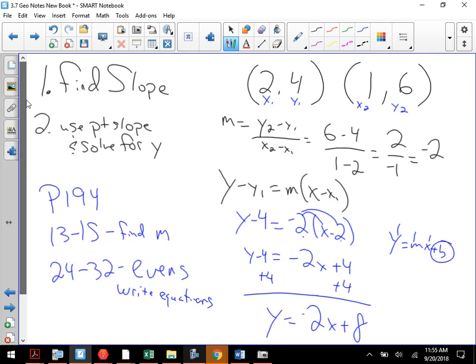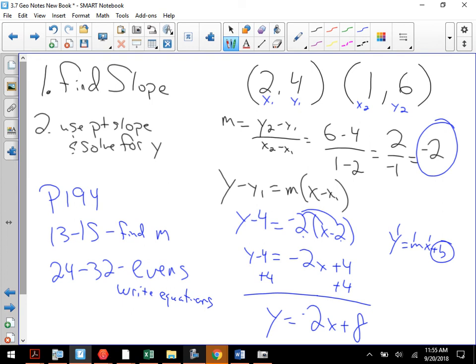What's happening is these are ordered pairs. We're trying to figure out the equation of the line that contains those ordered pairs. Well, that gives you the slope part. Those are the 2 ordered pairs.